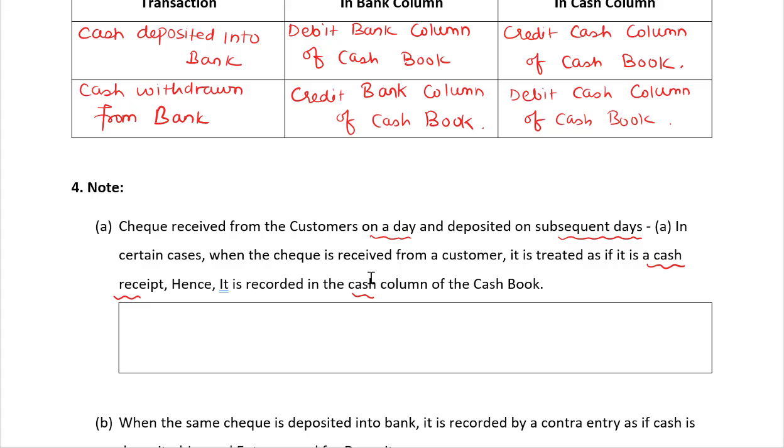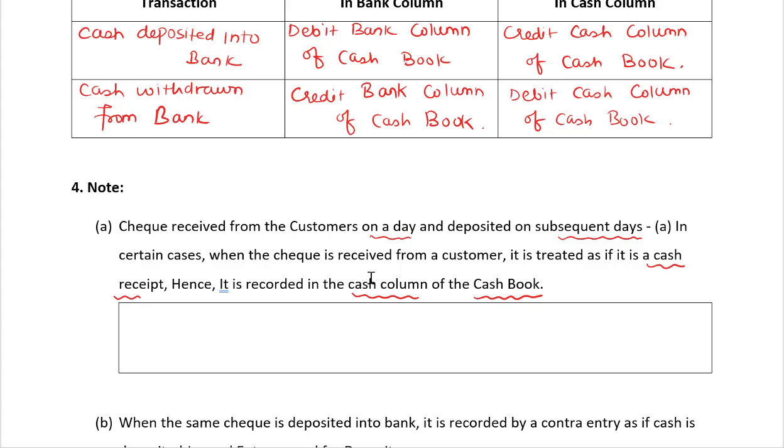Hence, it is recorded in the cash column of the cash book. Students, it is very crucial. You have received a check and not cash, but you give treatment as if you have received cash.